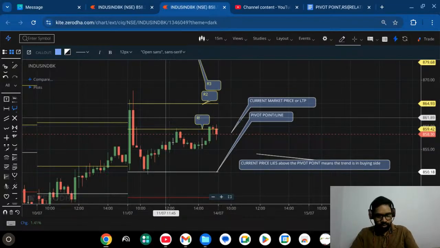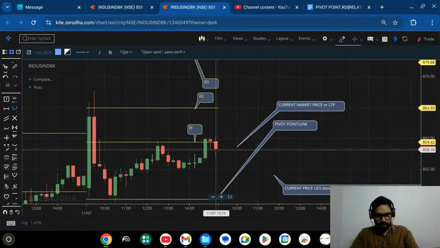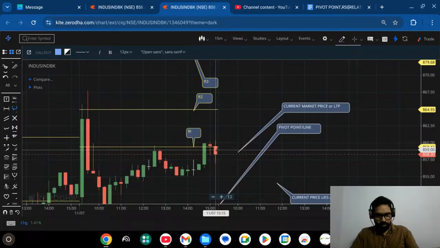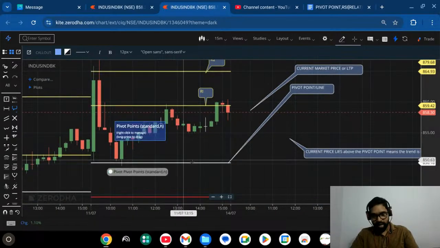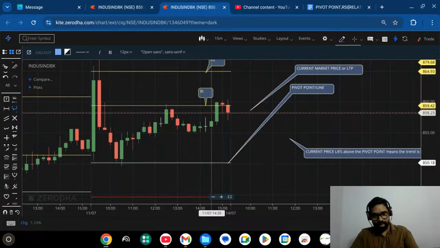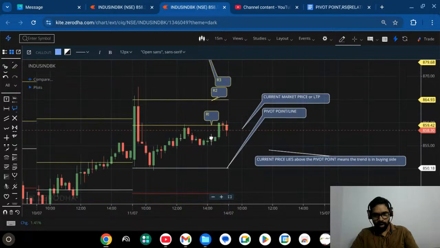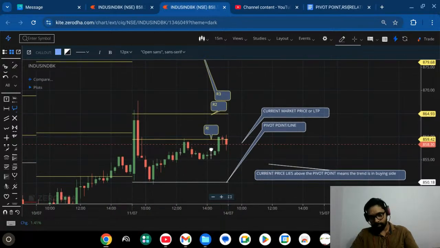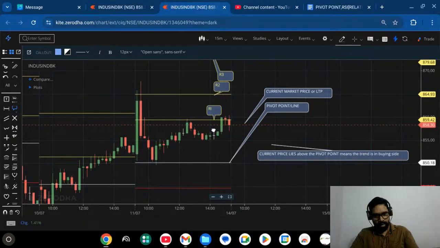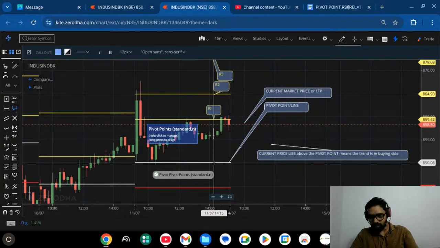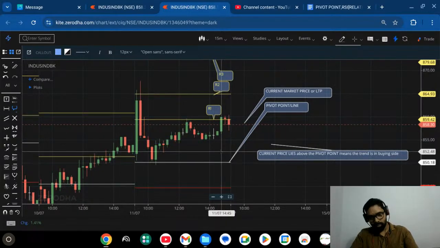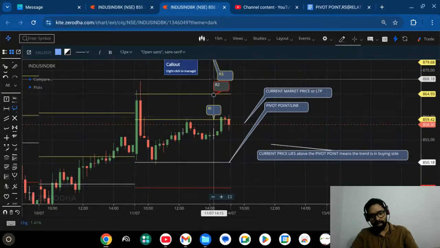So now see, in general the concept is, if the price lies above the pivot point, then the trend will be a buy trend, and the market can go to your R1, R2, and R3 levels. It is not that you can blindly trade. If the market is above the pivot point and can go to the resistance 3 level, you cannot just blindly buy.